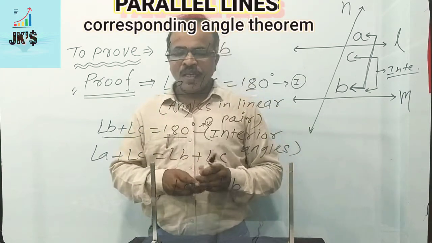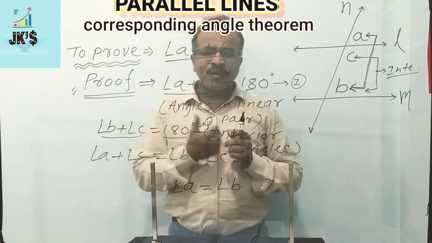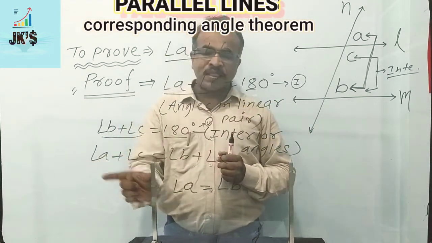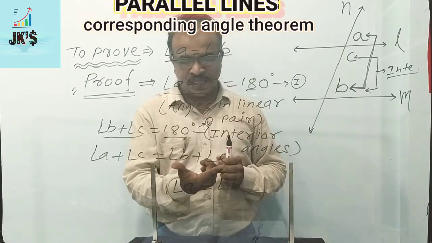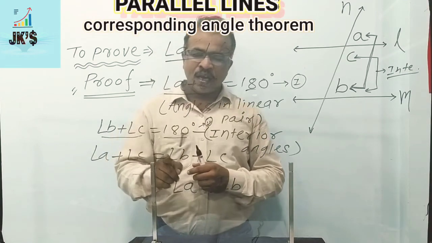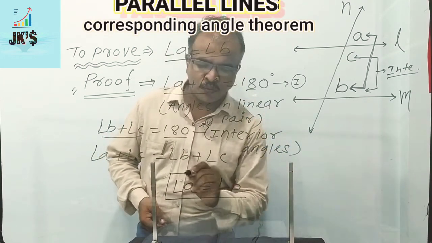A plus C equals B plus C, because they have the same value. C minus C, 0. A equals B. This is our to prove.